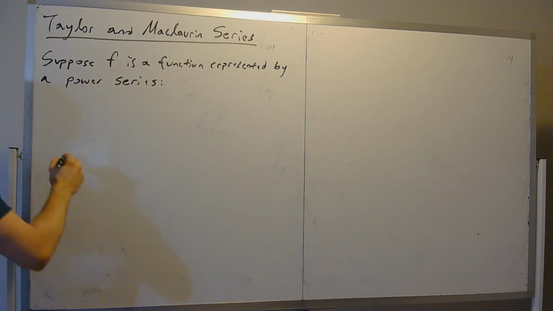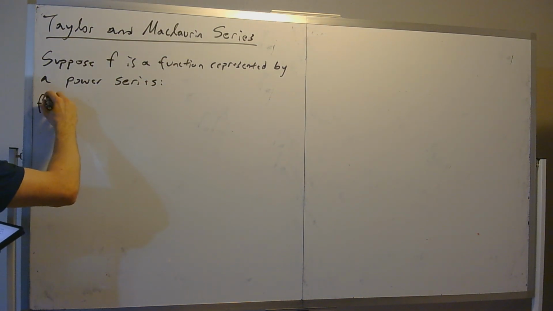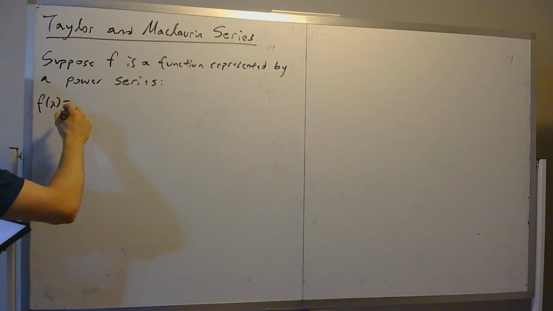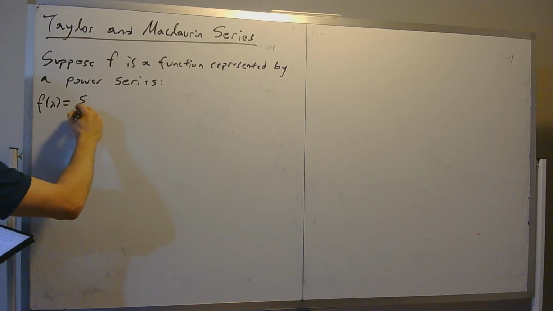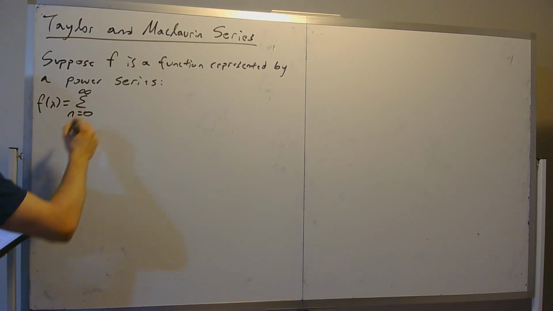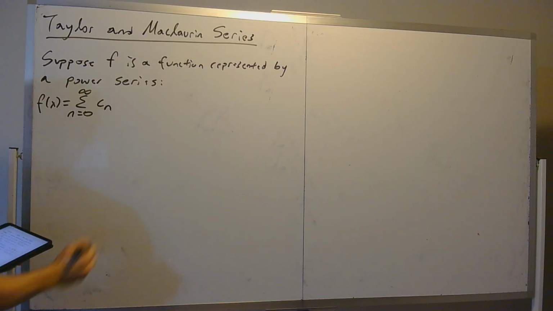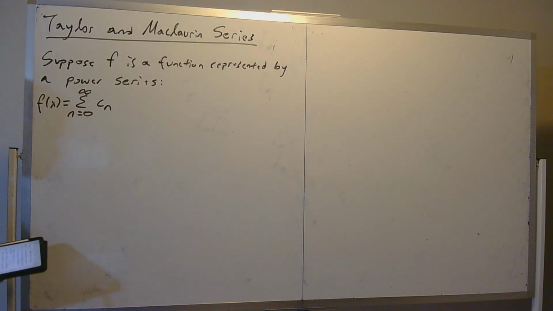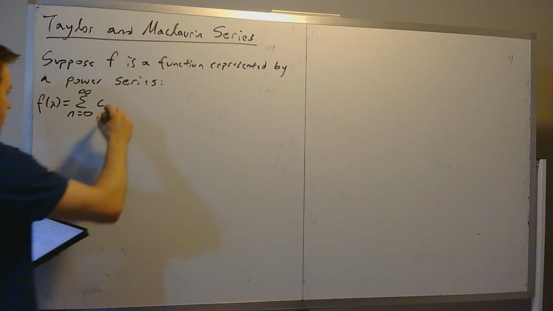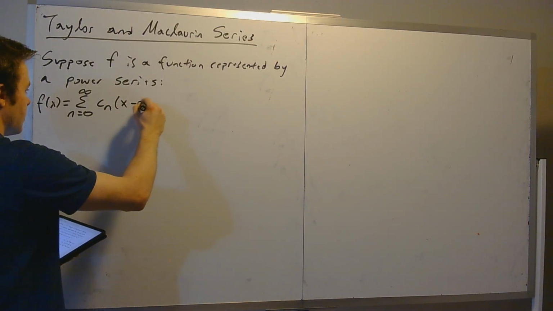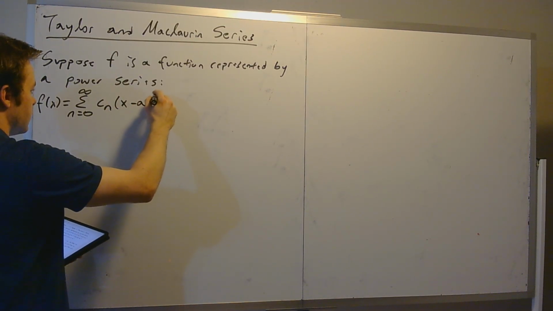And remember, a power series is going to say something like f of x equals the sum from n equals 0 to infinity of Cn, so that's the coefficient as a function of n, times x minus a to the power of n.